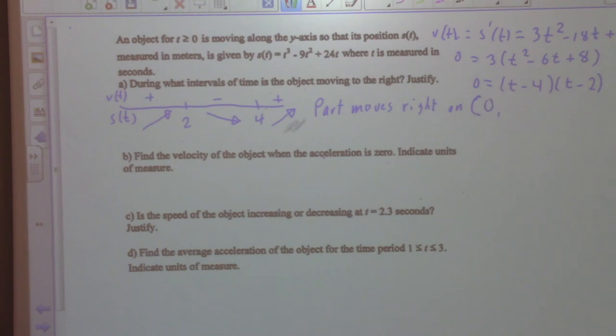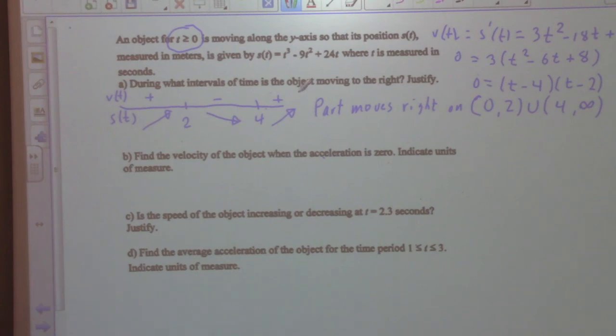Oh, 0, because here they give us the limitation right here. Since it's greater than or equal to, do you do the square? Well, I want to finish writing that out here, and then I'm going to mention what Aaron suggested here. And also what other interval? 4 to infinity, okay?